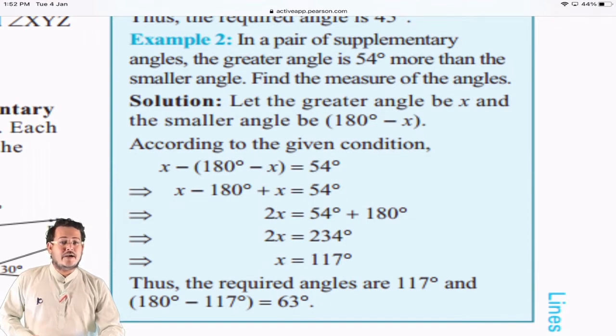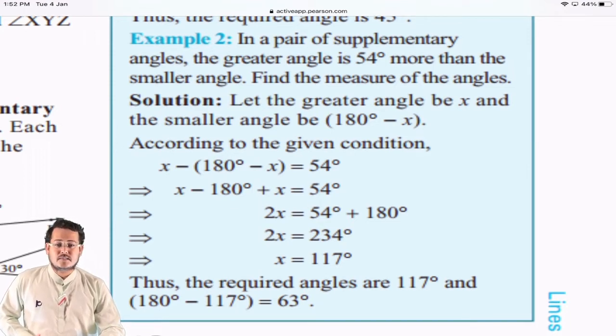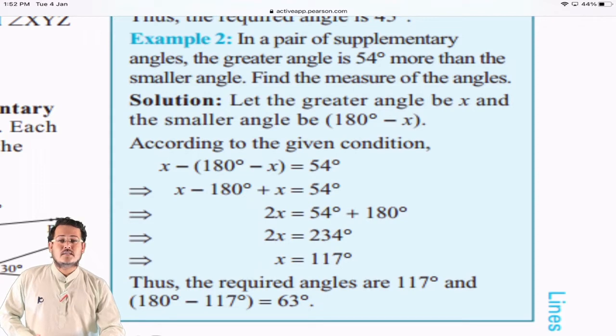But as the required angle was 117, so 180 minus 117, you will get 63. So the first angle is 117 and the second angle is 63. So the smaller angle is 63, and when you add 63 plus 54, that is the condition of the greater angle, you will get 117.